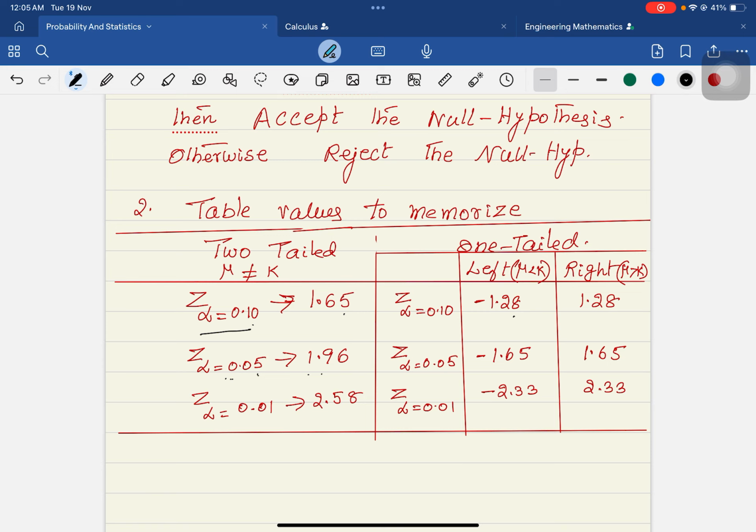To understand one more thing, you can rewrite it: alpha 0.10 means 10% critical, that is 90% confidence; this is 95%; and this is the 99% confidence level. Then you can understand very clearly. Suppose in the problem a 90% confidence level is given, you write 1.65, 95% means 1.96, and 99% means 2.58. So remember like that.